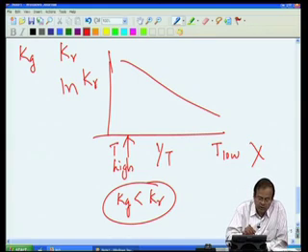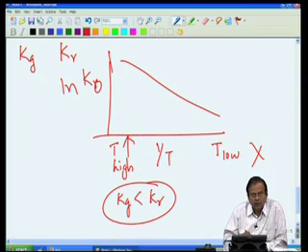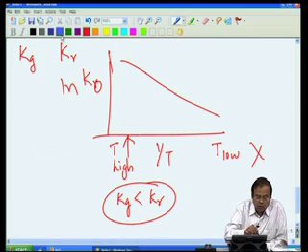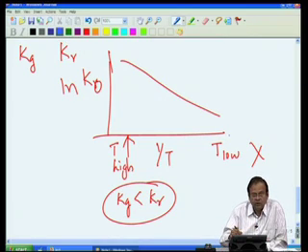If we are looking at the observed rate constant, then what will happen? At low temperatures, it is likely that Kg is higher than Kr, so I will measure the true reaction rate.